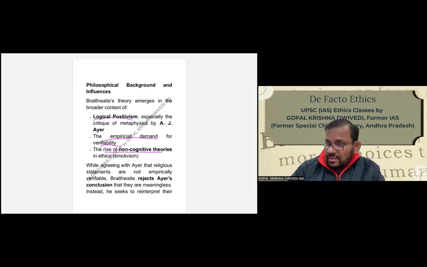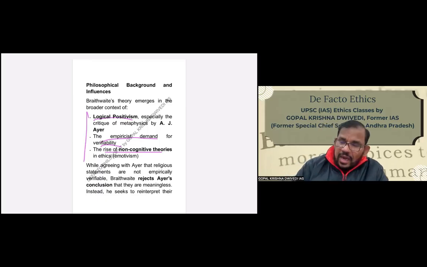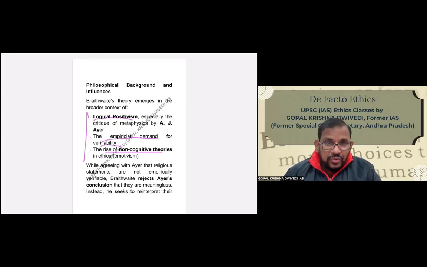All this directly influenced Braithwaite in coming out with a non-cognitive theory. Though he did not fully accept all these views, he was definitely deeply influenced by them.